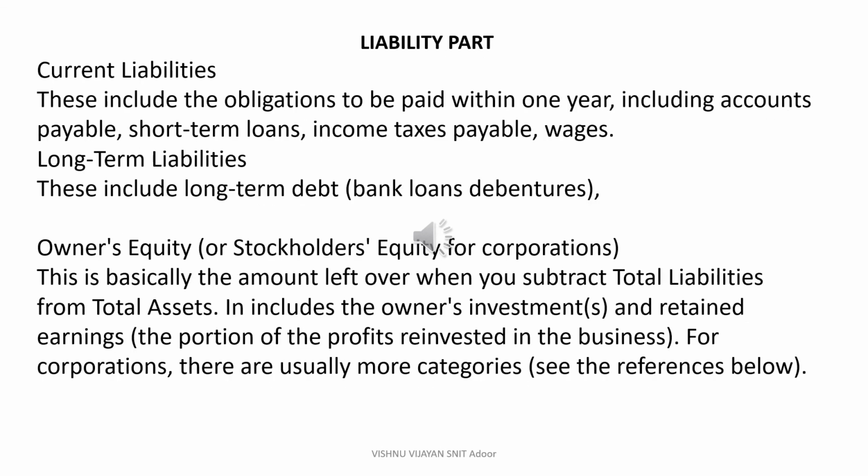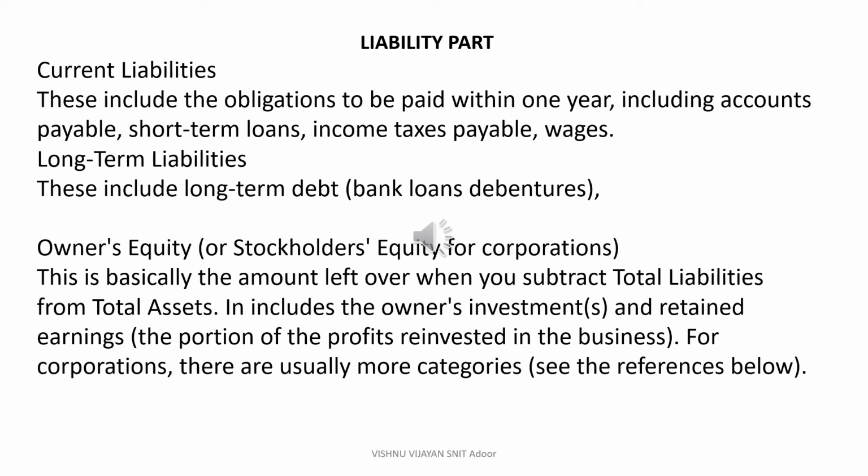Next we move to the liability part. The liability part also we can consider as current liability, long-term liability and owner's equity. So what is current liability? Within a year, a company has to repay such type of debt we consider as current liability.